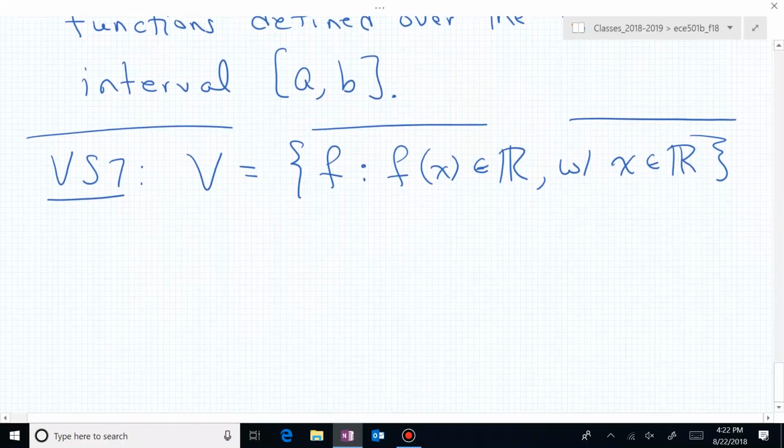So you give that function a real number as an input and it spits out a real number output. And it's over the entire real line.